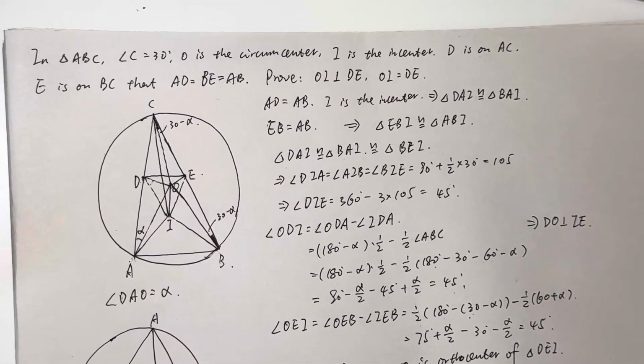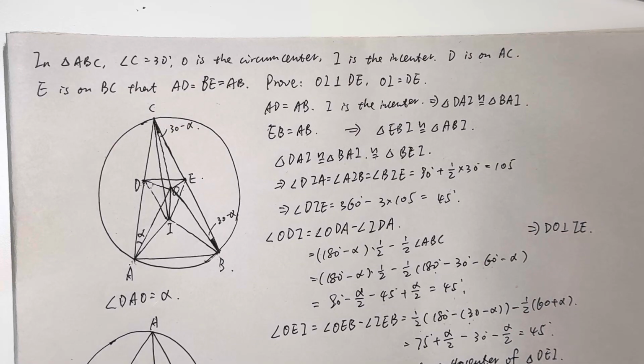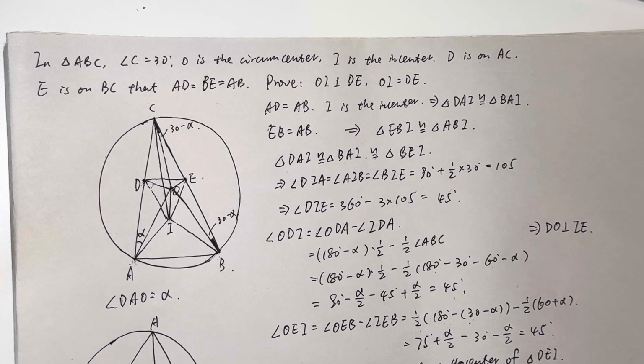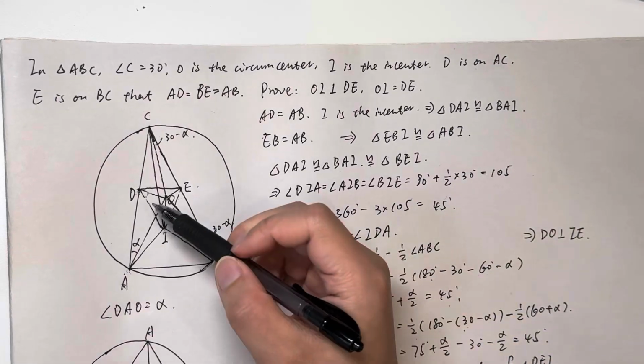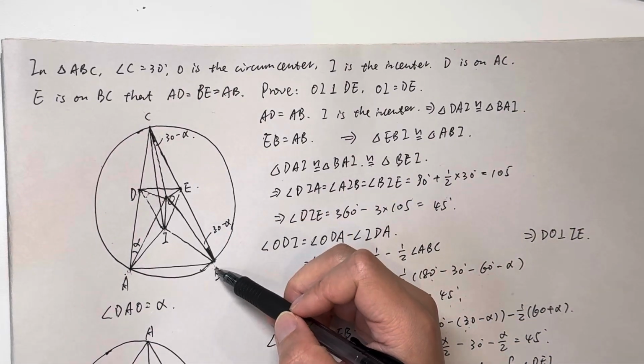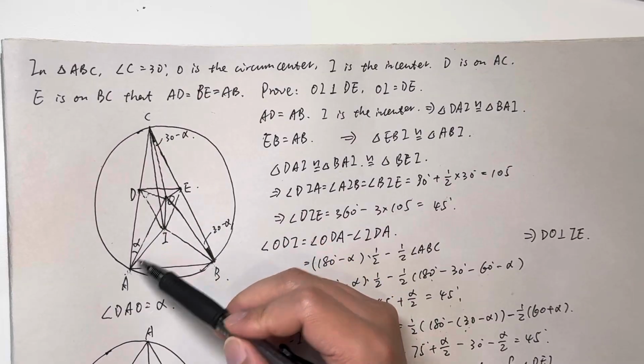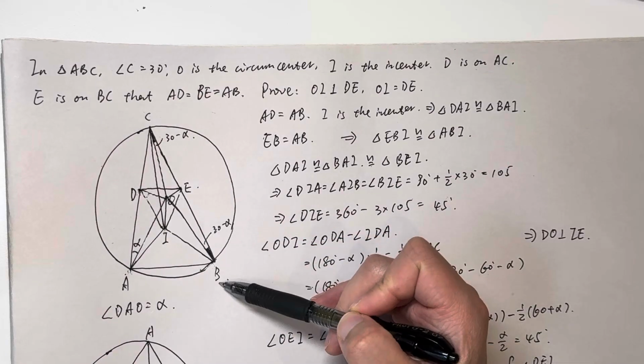So for this problem, I think this is a training problem for the Chinese IMO summer camp. I don't think this is a very easy problem, but it's not too difficult to solve. I think the most critical part is when you realize that you can calculate the angle AIB, you know the angle DIA, and you know the angle EIB.